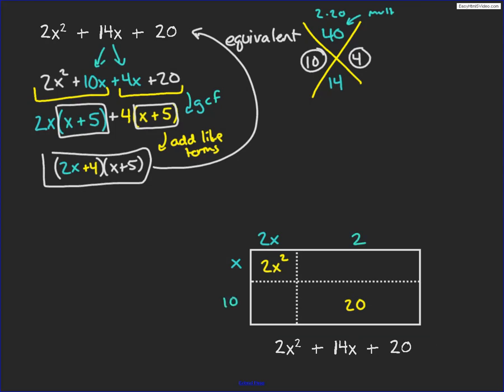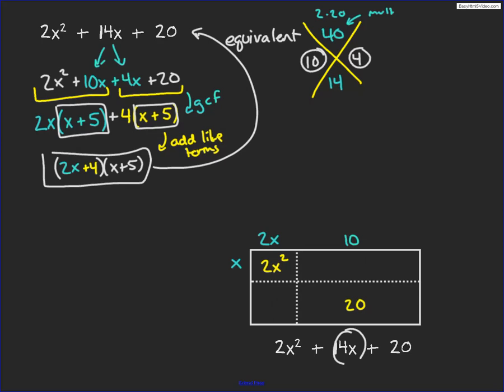If I multiplied those, then in this box in the top right is going to be 2 times x, and in the bottom left I'm going to see 2 times 10, which is 20x. Together, these make 22x, but I need 14, so that means my numbers are really too big. Or maybe I need to switch them. So I could try that.